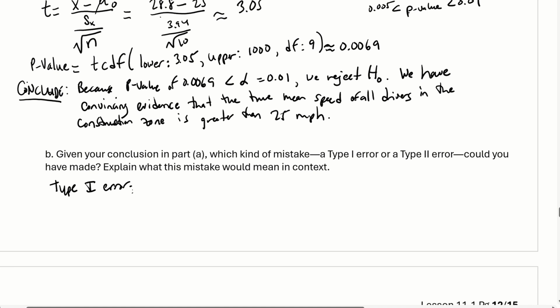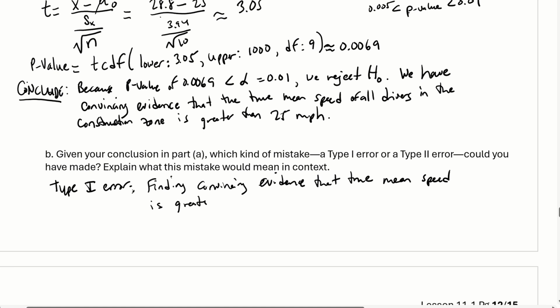What this would mean in context is that we would be finding convincing evidence that the true mean speed is greater than 25 miles per hour, which is what we were saying, when it really isn't.